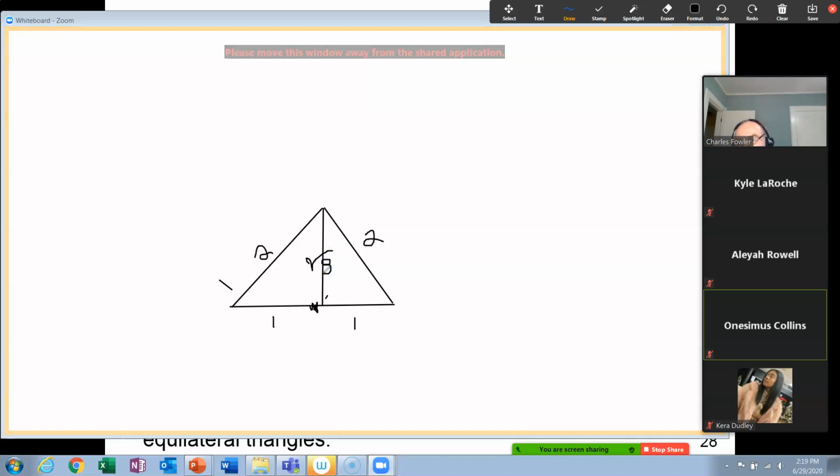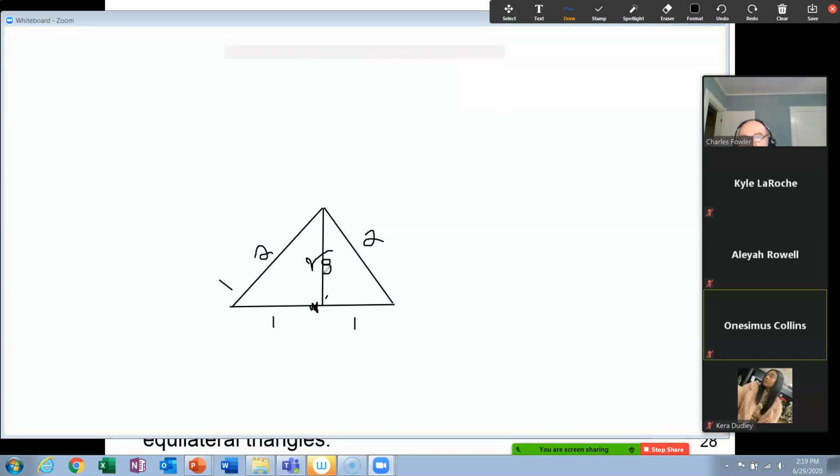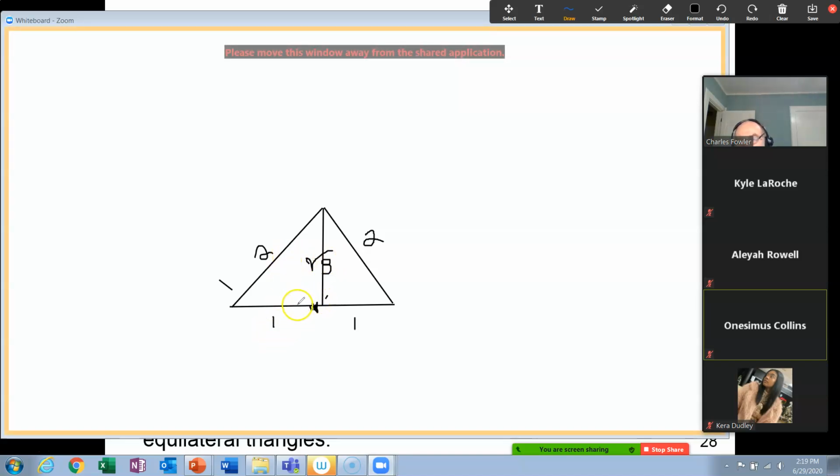Now that's the ratio for every equilateral triangle, height to base. Well, let's say it another way.